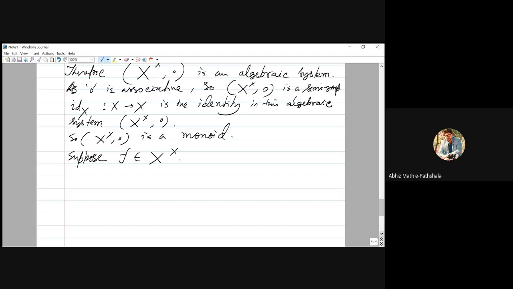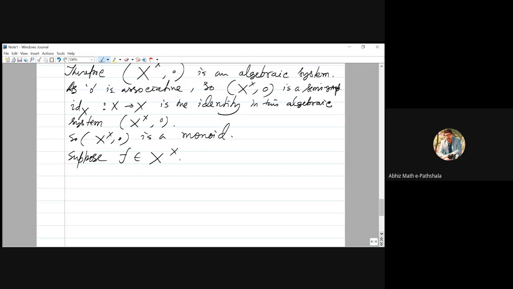But you have already studied in your previous semester that if we consider a map f from x to itself, then it has an inverse, it is invertible if and only if it is both 1-1 and onto, right?